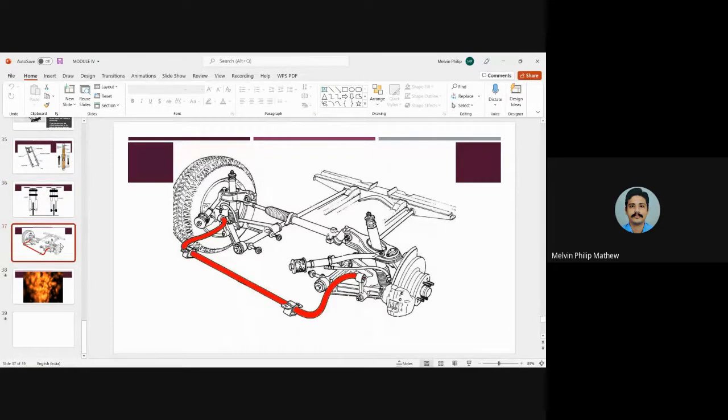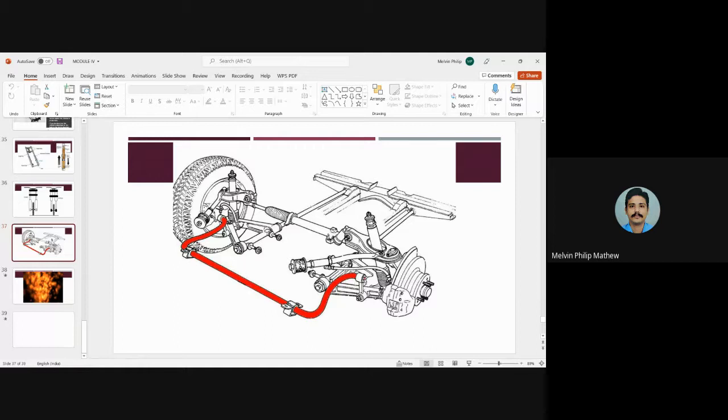When you look in a vehicle, this is how an anti-roll bar is seen. You can see a bar provided here, and it will be connected to the wishbone, our suspension, or our chassis itself.